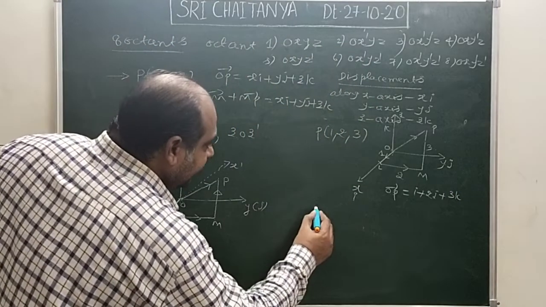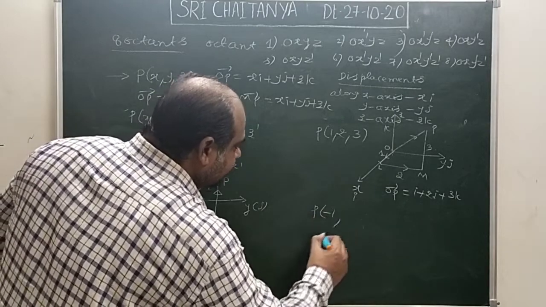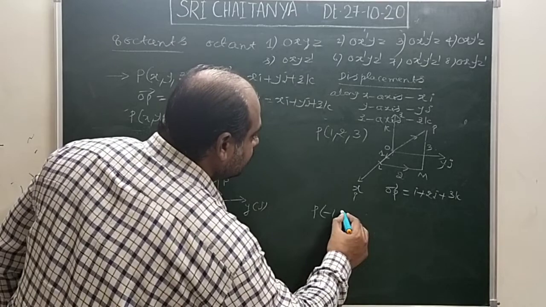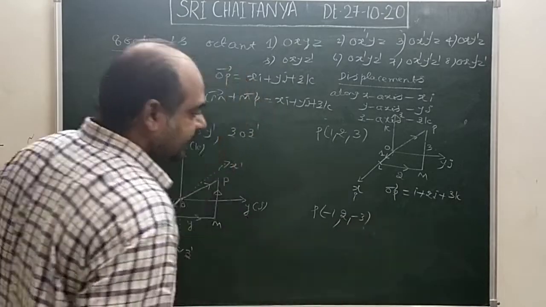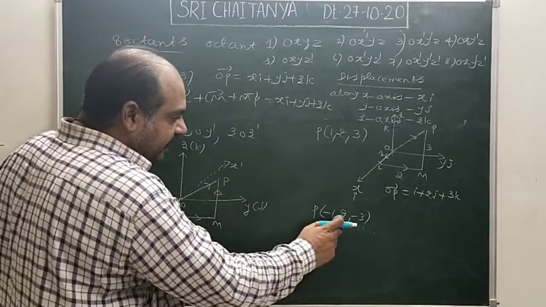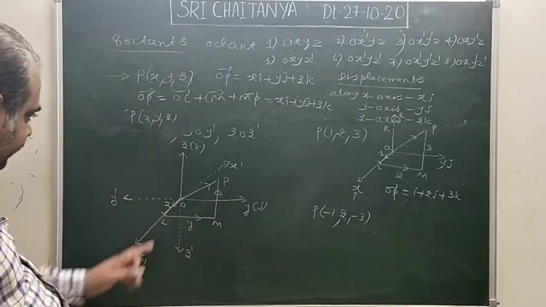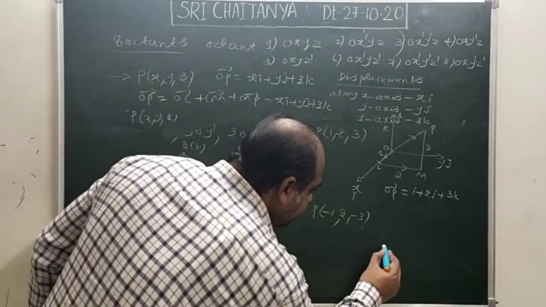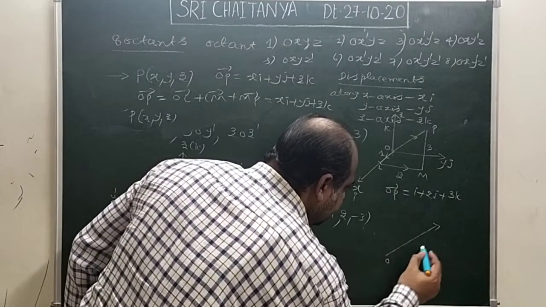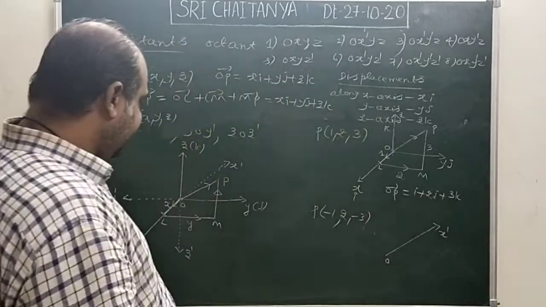Suppose we take another point, (-1, 2, -3). So x negative, y positive, z negative. X negative means take the negative x-axis. This is OX dash.